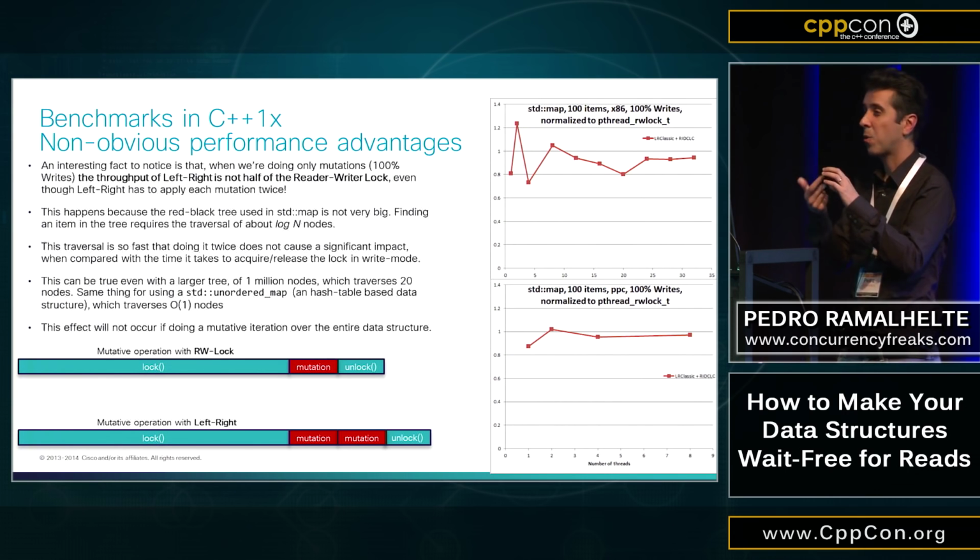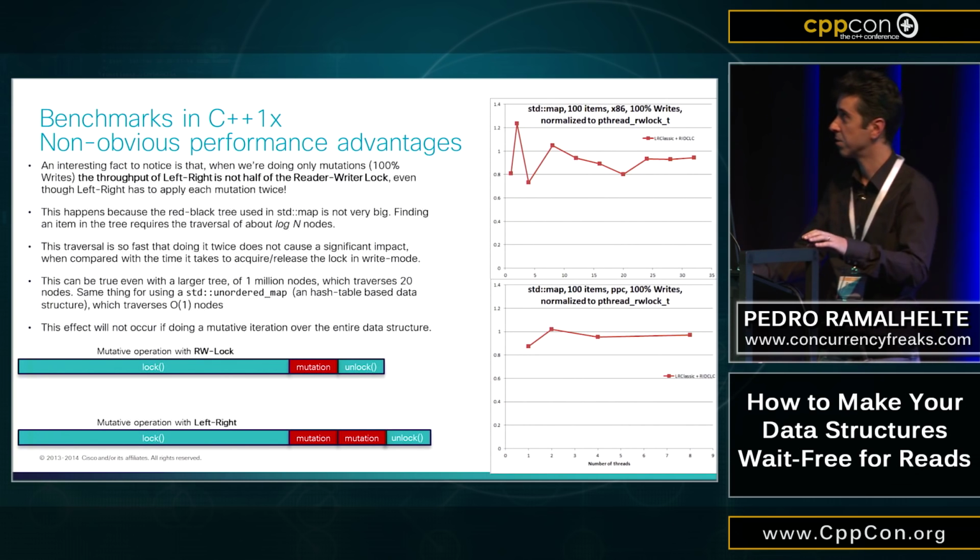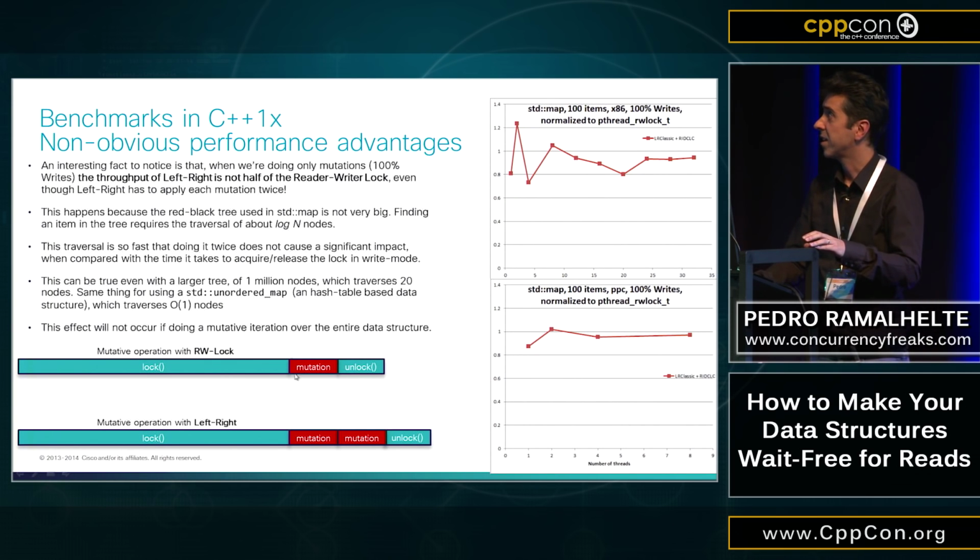The time it takes to acquire the lock can be so slow that the time it takes to do the modification is kind of negligible compared to that. So in many cases the mutation just takes this long, but the actual lock takes much longer. So doing twice the mutation, you're not going to get such a big slowdown as you might expect. In fact, when you do one over the other, the ratio is very close to 1.